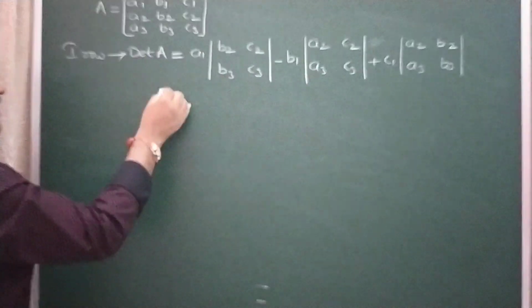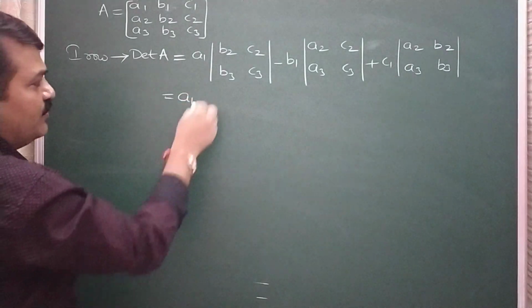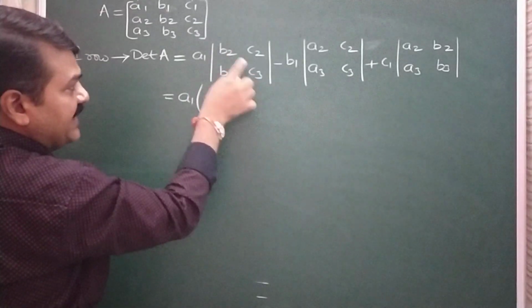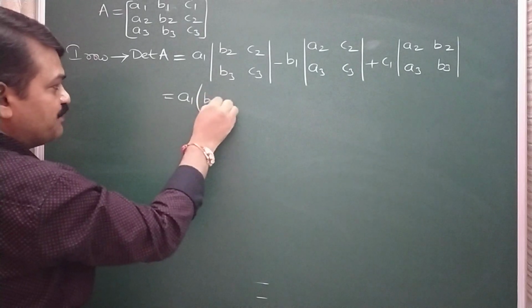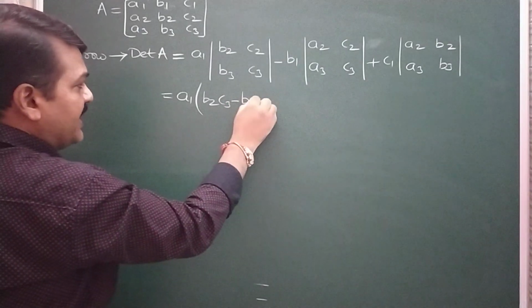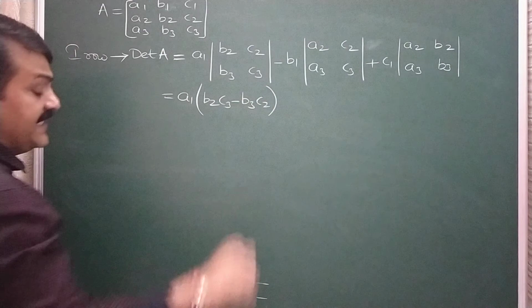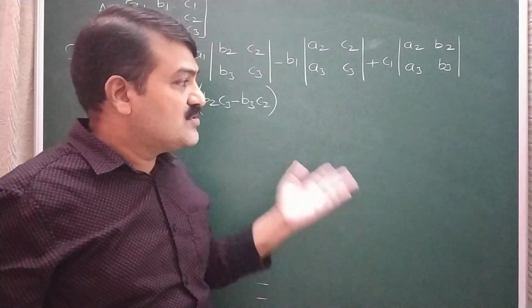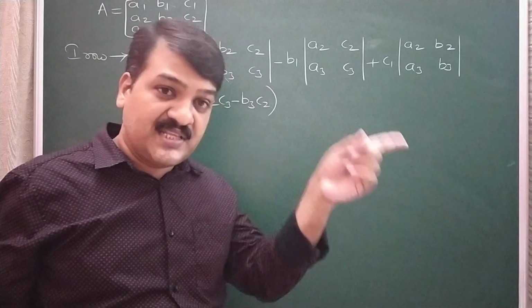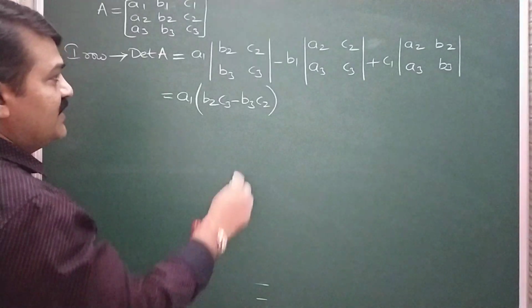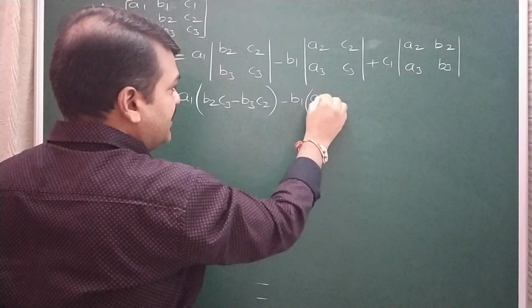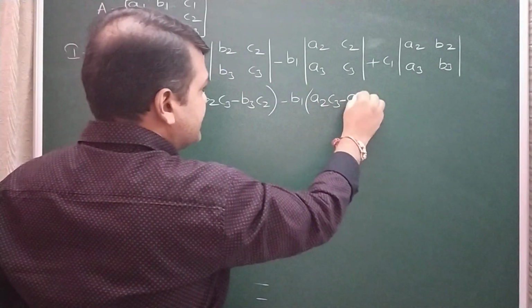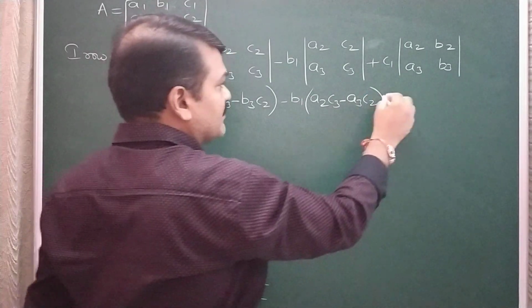Let us simplify. A1 into the determinant of a 2 by 2 matrix, that is B2 C3 minus B3 C2. We discussed how to calculate the determinant of a 2 by 2 matrix in the previous video, so if you did not see it, first watch that and come back here. Next, minus B1 into A2 C3 minus A3 C2.